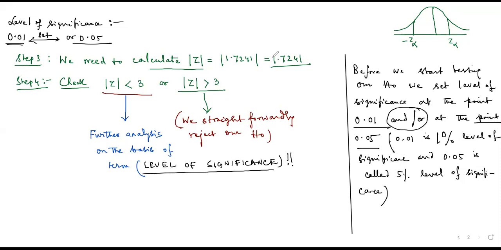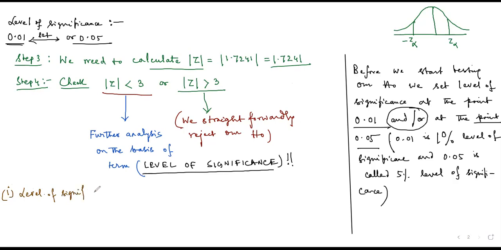It may so happen that your hypothesis is rejected at one level of significance and accepted at another. But if the problem specifically mentions what level of significance you need to take, then you have to test your hypothesis at the corresponding level of significance. Now, let us recapitulate what we have in our hand. So in our hand, we have point number one, level of significance.